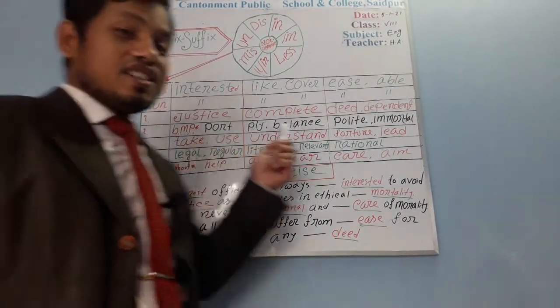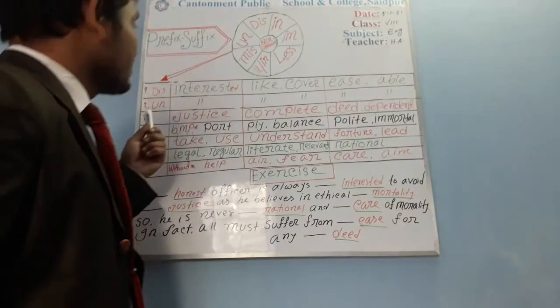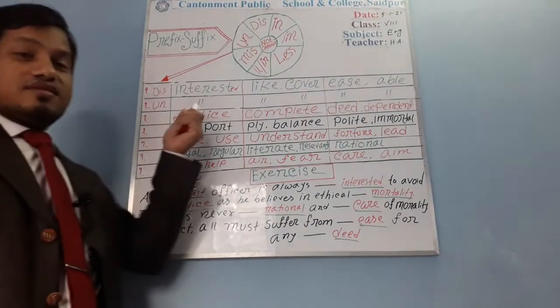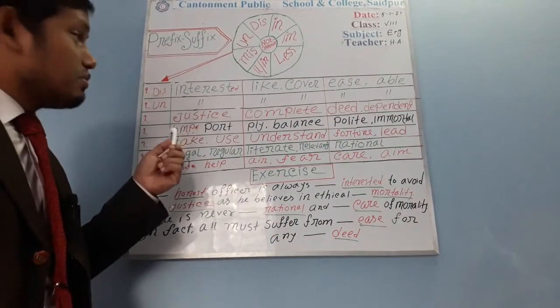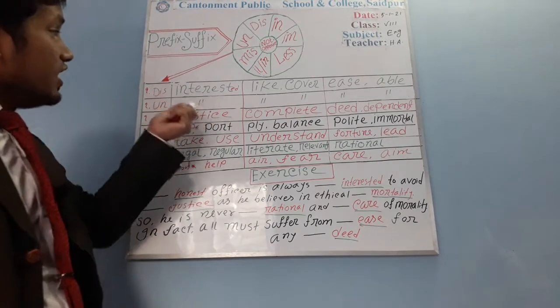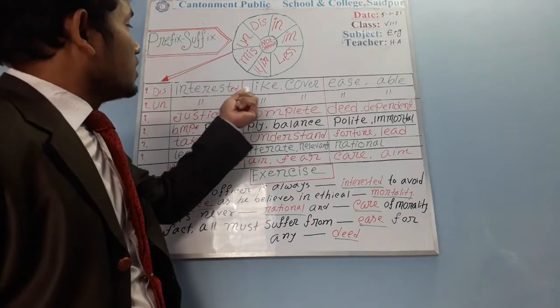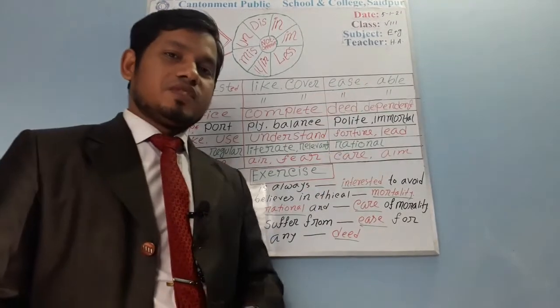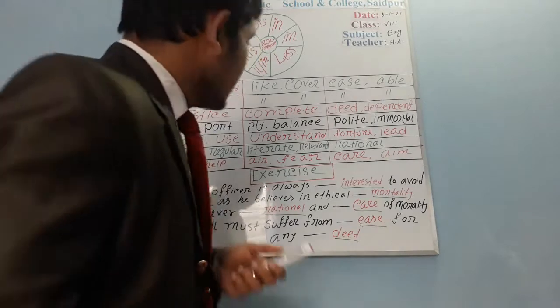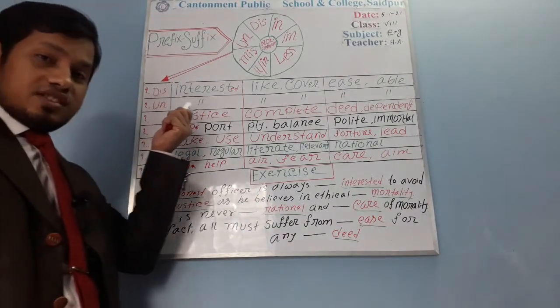So here in the 2 lines, I want to point out, keep in your mind, in 2 lines there are 5 words each, and totally here are 10 words, right?